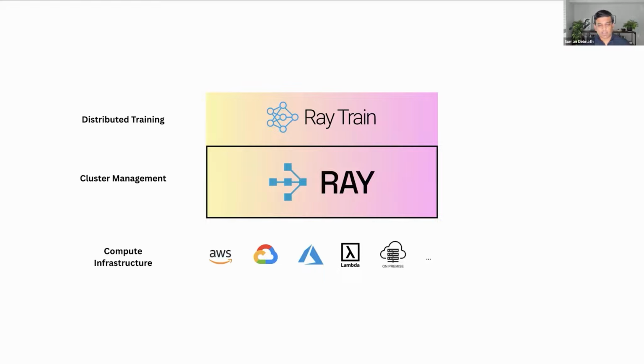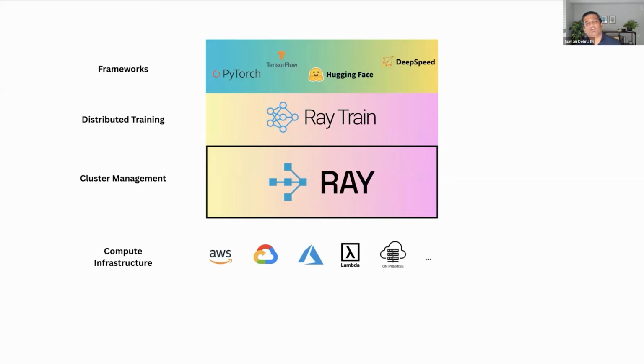This is the AI library, a wrapper on top of Ray Core, which makes your training much smoother at scale. You can use any framework of your choice, PyTorch, TensorFlow, etc., and you don't have to change that code much. You just have to add a few lines, and magically the code which runs on your laptop or one machine can scale to hundreds and thousands of machines.